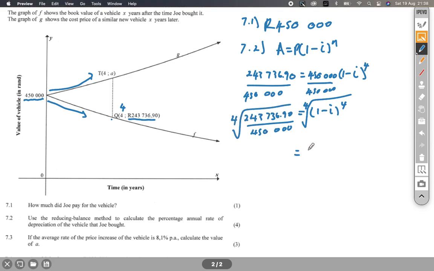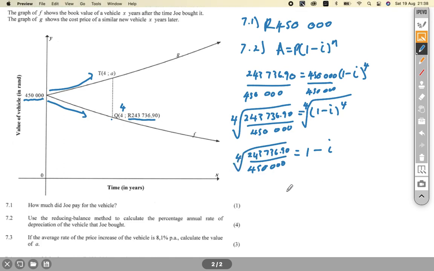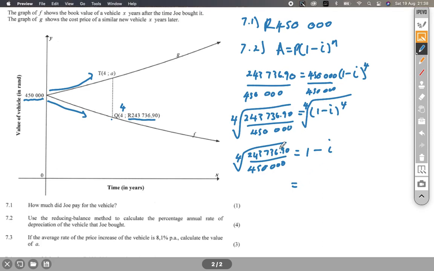Then you would get 1 minus i equal to the fourth root. To solve for i, you take i to the left-hand side and bring the fourth root to the right-hand side.